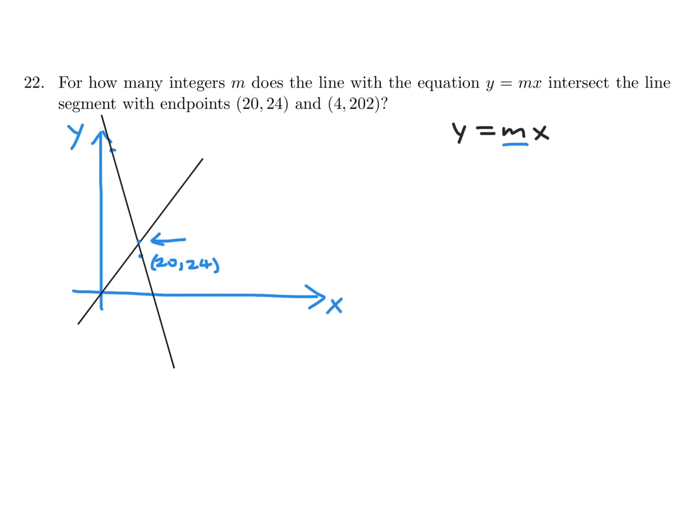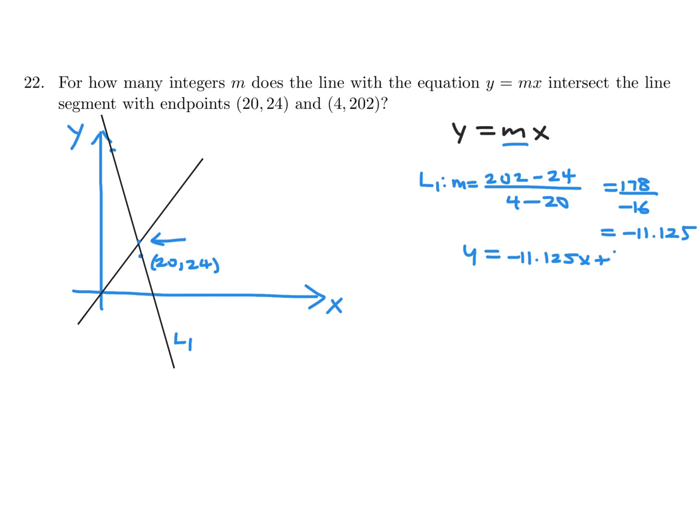The first step, of course, is to figure out the equation of that line. I'll call it L1. And let's just do the standard procedure, the rise over run type of situation. So 202 minus 24, over 4 minus 20, and that is 178 over minus 16. I'll just convert it to a decimal because I don't want to write out that fraction all the time. So that's the slope, and therefore we have y equals minus 11.125x plus b.